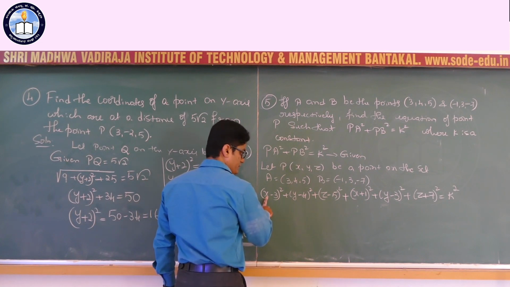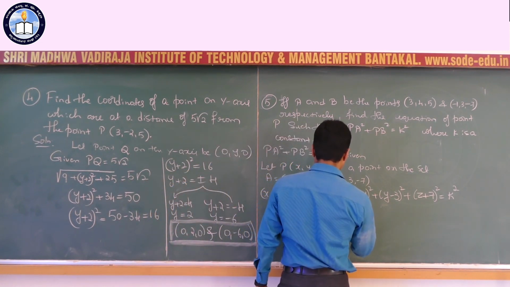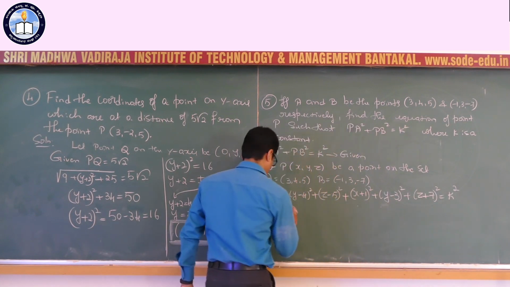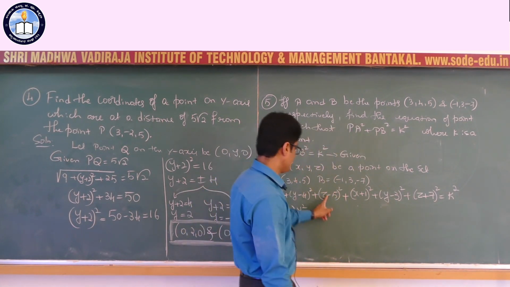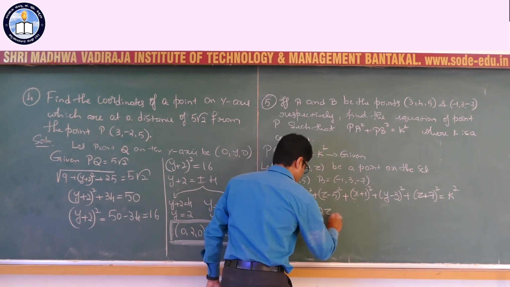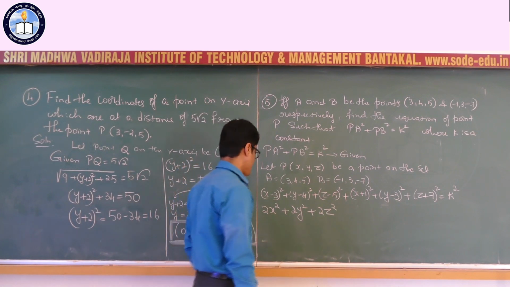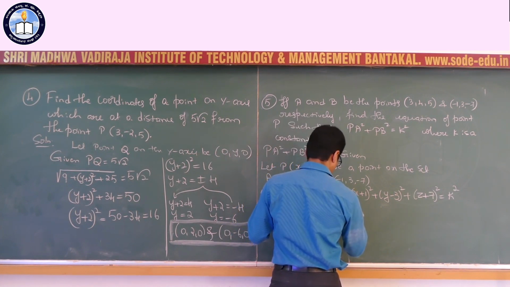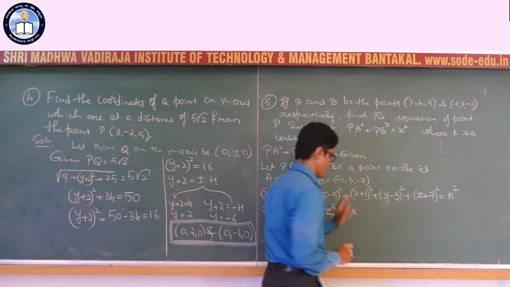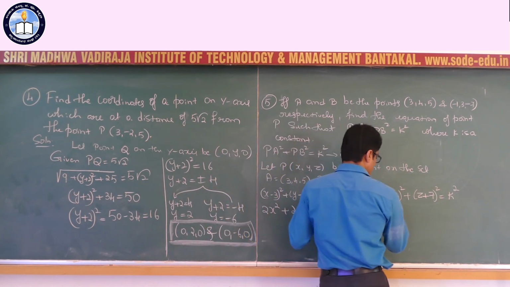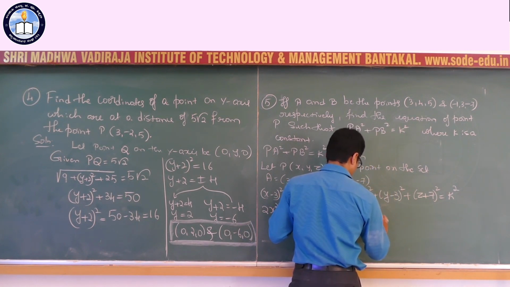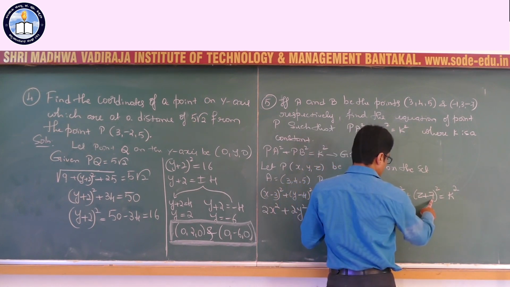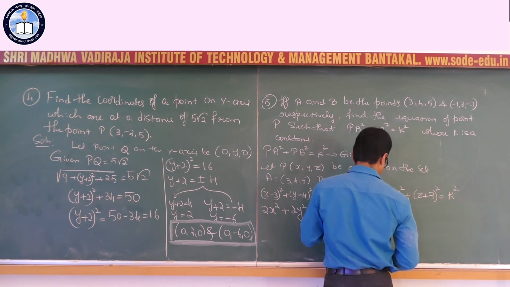So here one x square comes, and here one x square comes, right? So there will be 2x square. I can directly write 2x square. y square and y square, so plus 2y square. z square and z square, so plus 2z square. Understood? Next, minus 6x here, plus 2x here, that is minus 4x. Next, minus 8y here, minus 6y here, so minus 14y. Minus 10z plus 14z gives plus 4z, right?